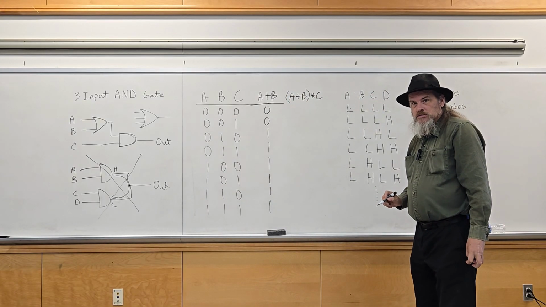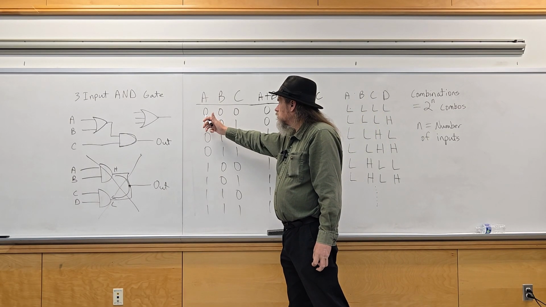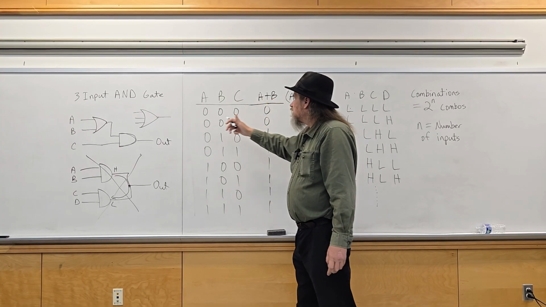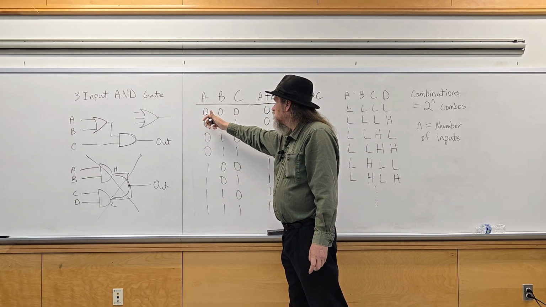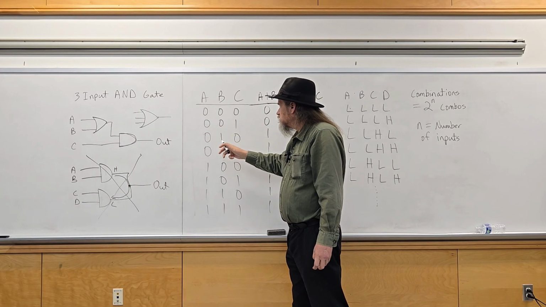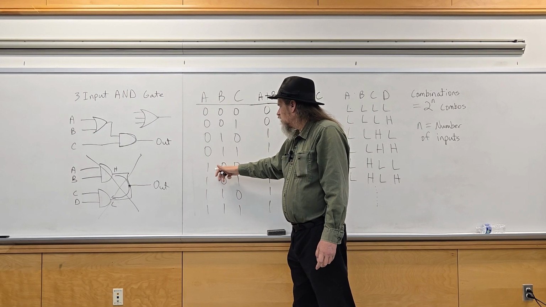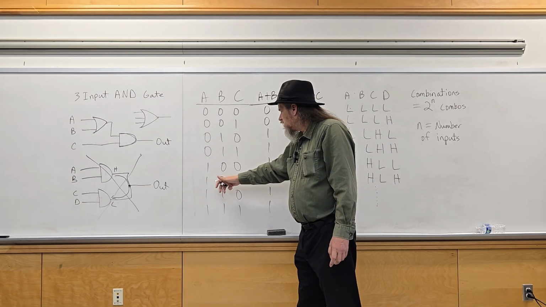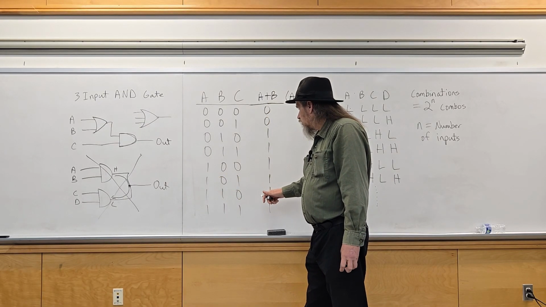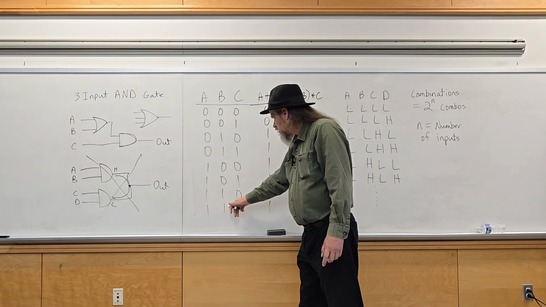You see where I got that? The state table for A plus B, A or B: 0 or 0 is 0, 0 or 0 is 0, 0 or 1 is 1. Again, 1, 0, 1. Again, 1 or 1 is 1, and same thing again.